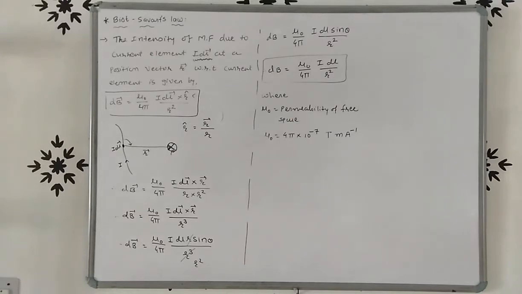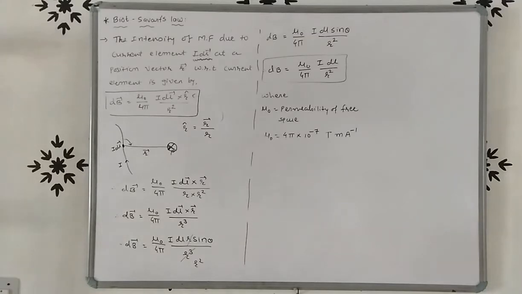Now we move forward to our next example, which is based on this Biot-Savart's law, that is illustration number 5.